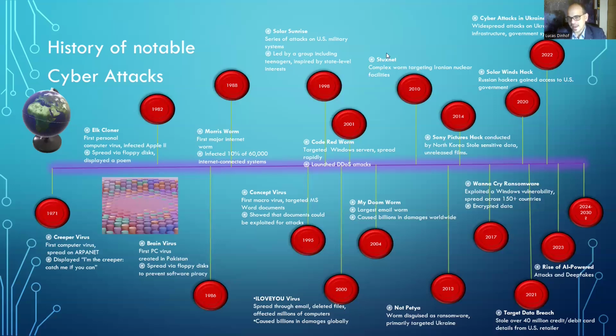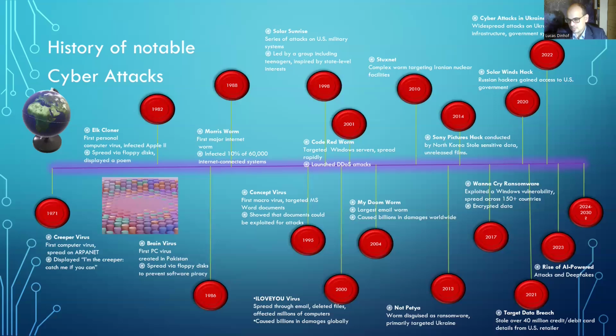Furthermore, we had Stuxnet. It was a complex computer virus targeting the Iranian nuclear facilities. And during the Ukraine war, on the right side, you can see a lot of attacks coming mostly from Russia. There were also a lot of ransomware attacks.